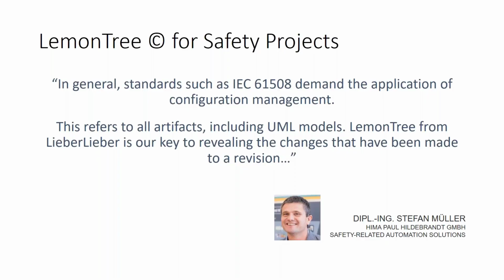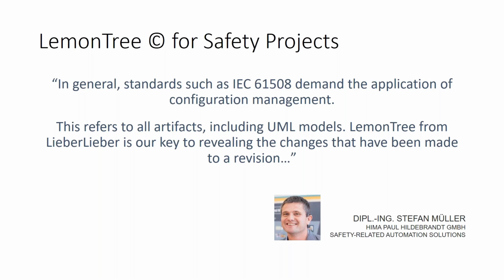And another driver why people need strict version control for their models is very often norms or regulations. This is an example from the IEC 61508, where you can clearly read in the norm that you need to store all development artifacts in a version control system with a revision index and so on.